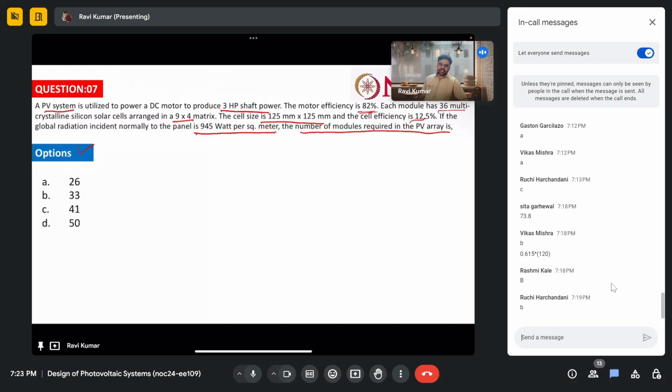Power output at cell level is given. Number of cells in a PV module is given.